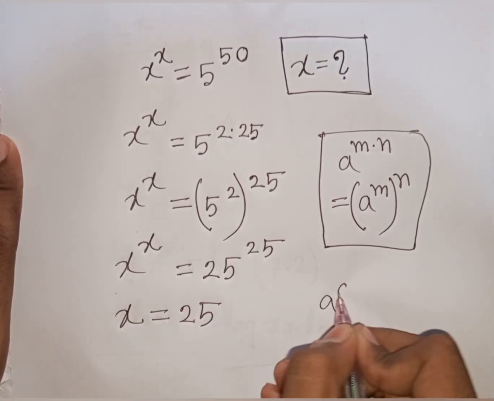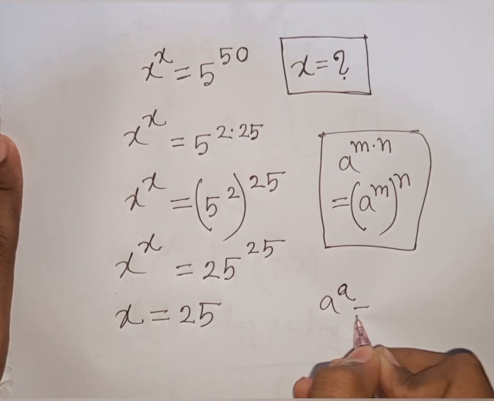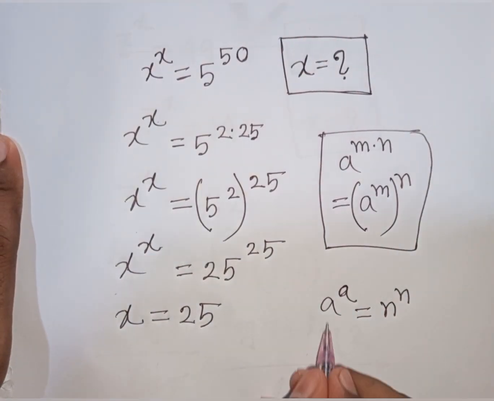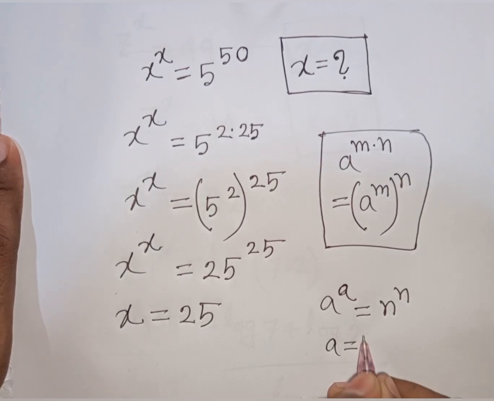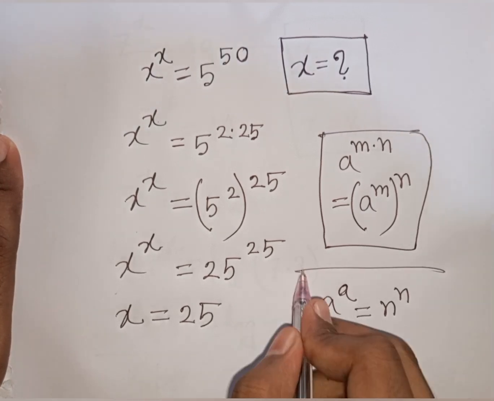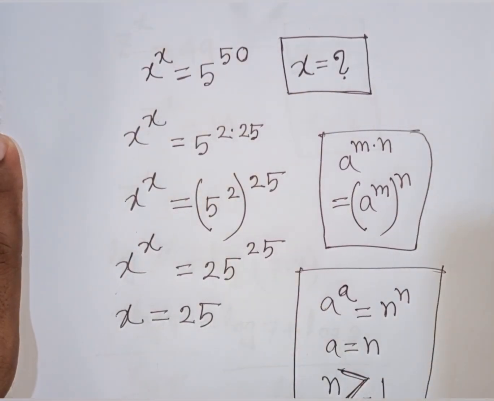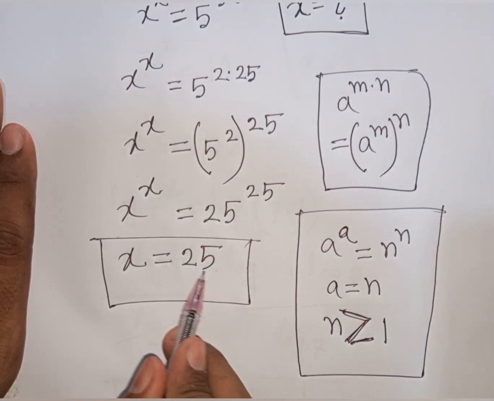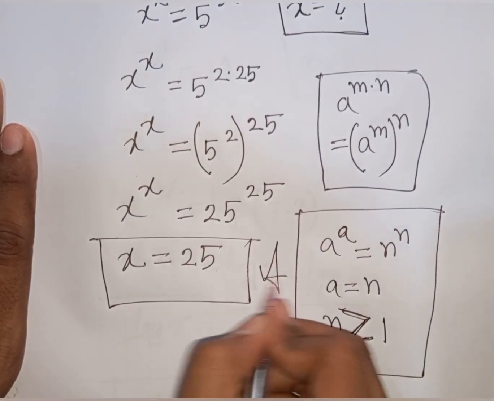According to this rule, a power a is equal to n power n, so a will be equal to n where n is greater than or equal to 1. So 25, this is the value of x, so this is our final answer.